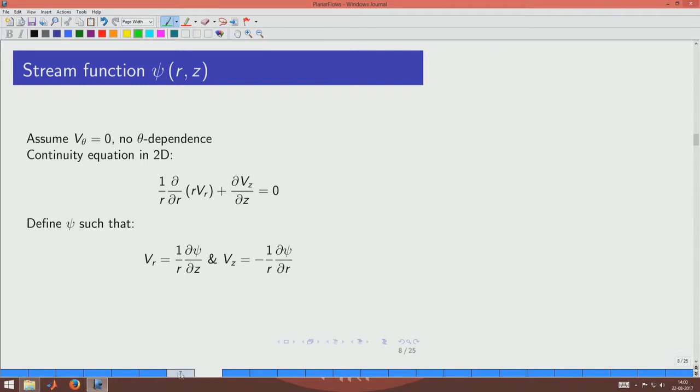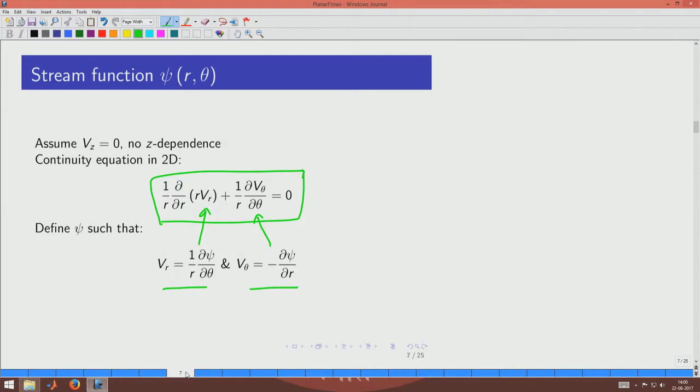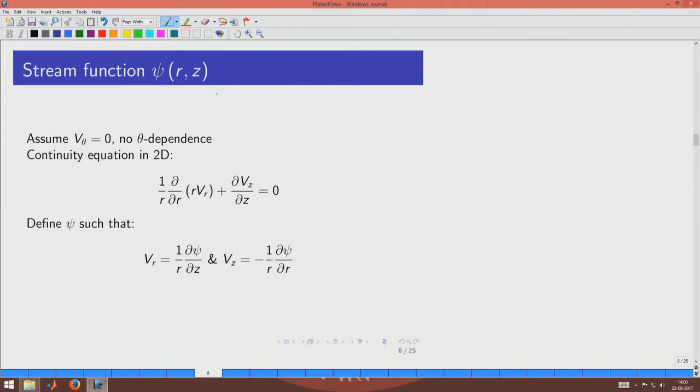So, we could also define the stream function in a cylindrical coordinate system in another manner. In the first case, for example, we are taking it in the form of r theta, which means that it is within the plane. And here we are actually taking it for axisymmetric flows, because the theta variation is now being dropped. Okay.